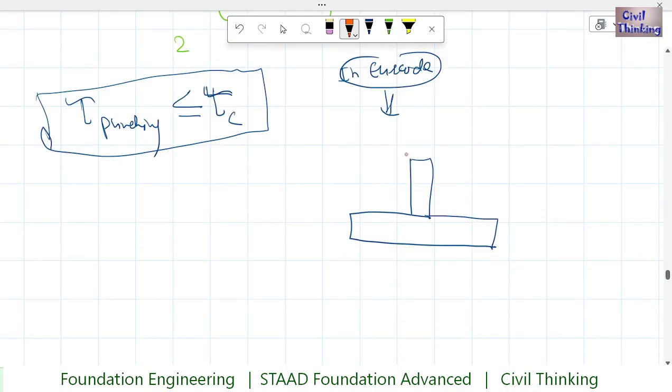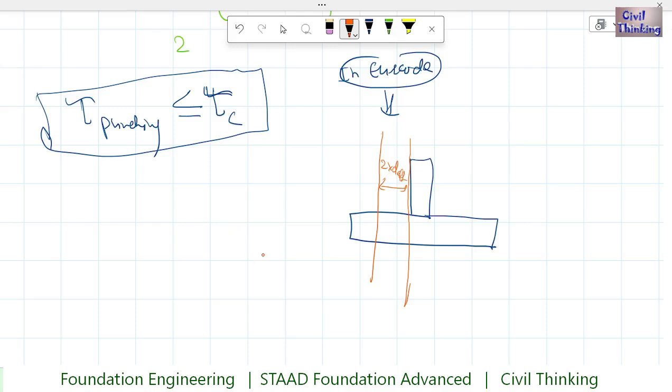It says one critical face for the shear check is the face of the column itself, as in the moment design check, and also at some distance equal to 2 times d effective. So we do it 2 times as per the Eurocode. It is the same procedure, but we do it 2 times, and the location of the critical sections is different for the punching shear. So this was about the punching shear.